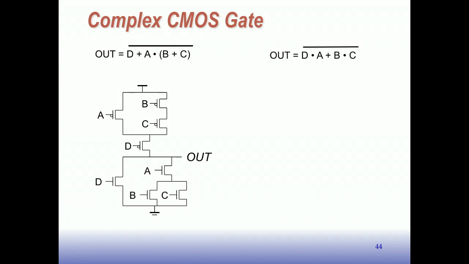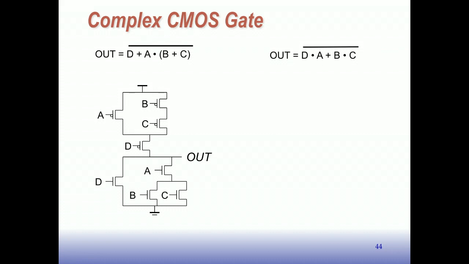So we've got A and D, and then that's in parallel with B and C. So that's the output.